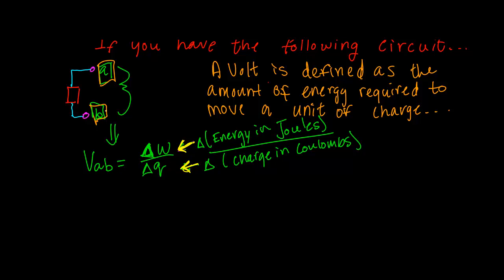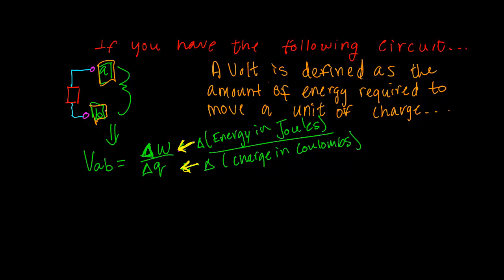Volt is actually defined as the amount of energy required to move a unit of charge. Basically, V_AB in this case would be equal to delta W, where W stands for energy, which is in the unit of joules. I know it's a little counterintuitive, obviously, because J for joules and W for energy doesn't really make much sense.